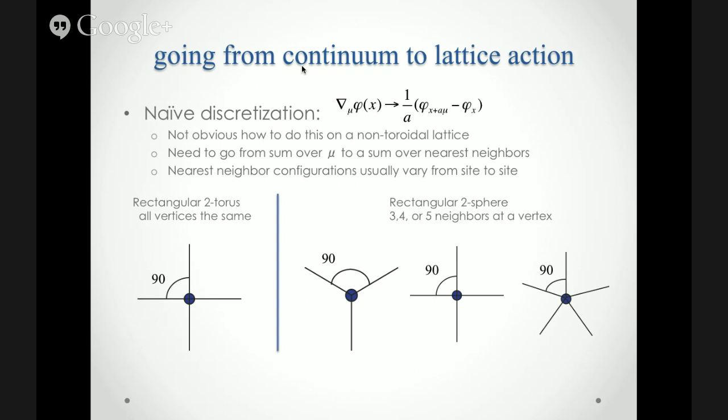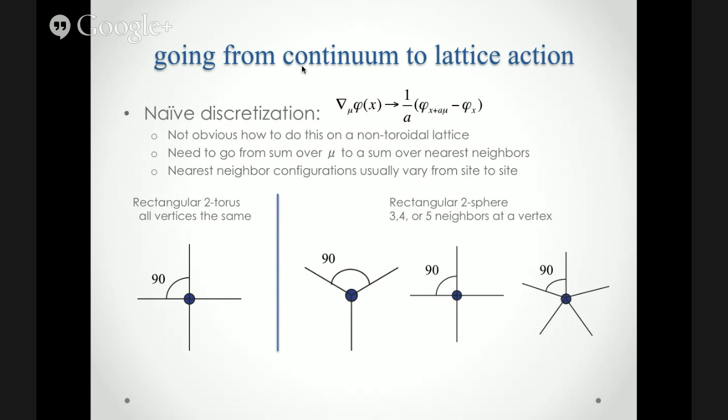Okay, so most of you probably just do quantum field theories on toruses all the time, because why would you use anything else? And on those, this is lattice theory 101, naive discretization. So it's kind of basic, but it's not basic maybe if you are on a curved manifold, because you have in your action something like a sum over mu. If you have like del squared, you have a sum over the number of independent directions, of course.